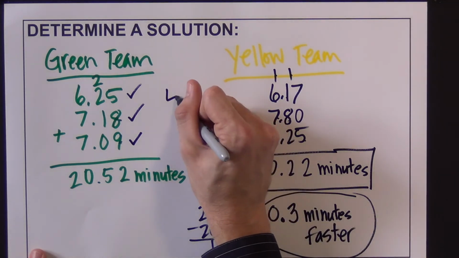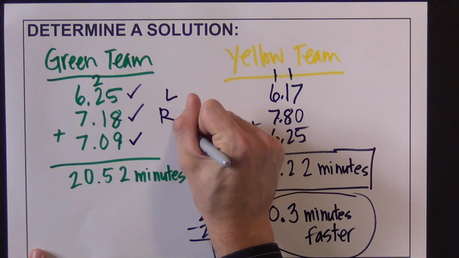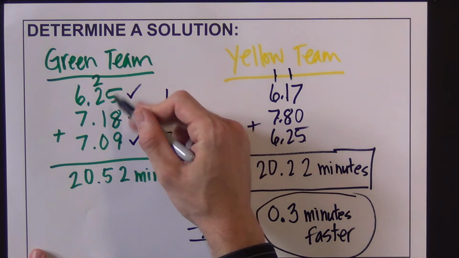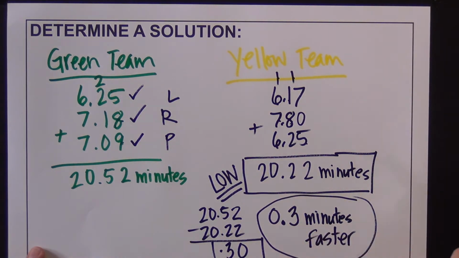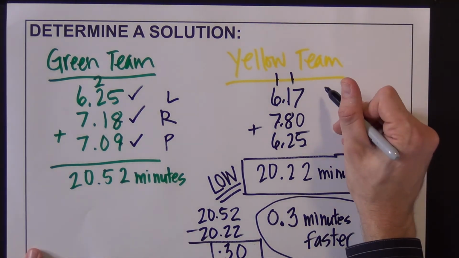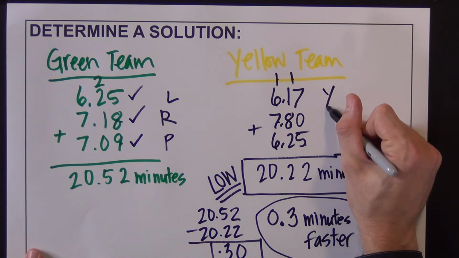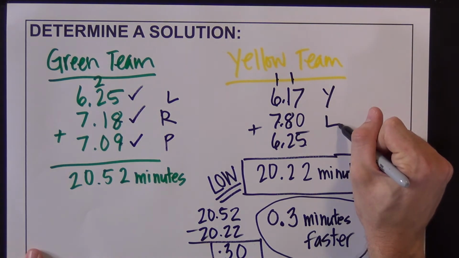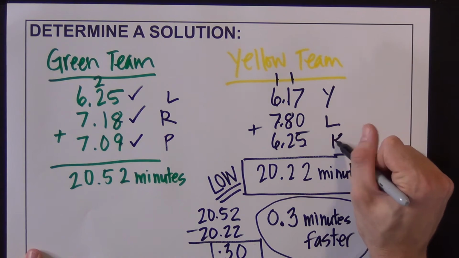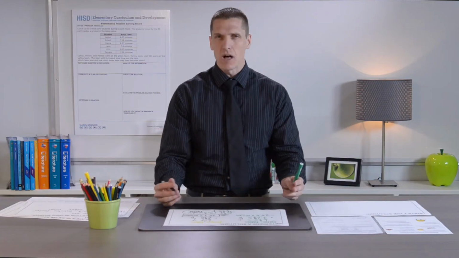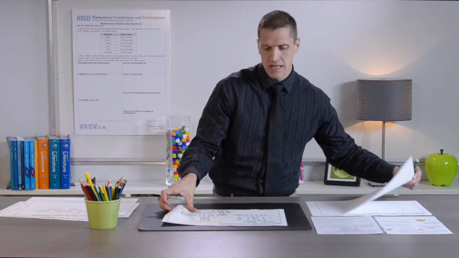This was Lorraine, this was Robert, this was Pamela. I added up the 3 times correctly. For the yellow team, 6 and 17 hundredths, this was Yanira. 7 and 8 tenths, this was Leon, and Kim, 6 and 25 hundredths. So as long as I did my math correctly, I should be okay. We'll check that in a second.